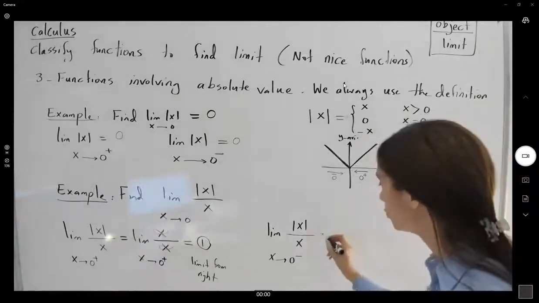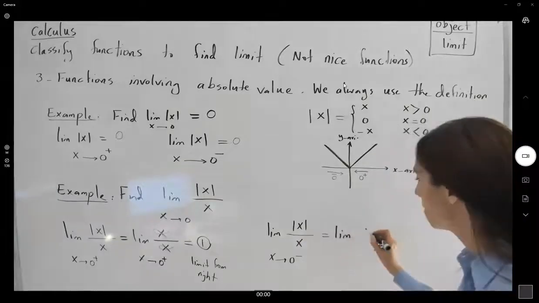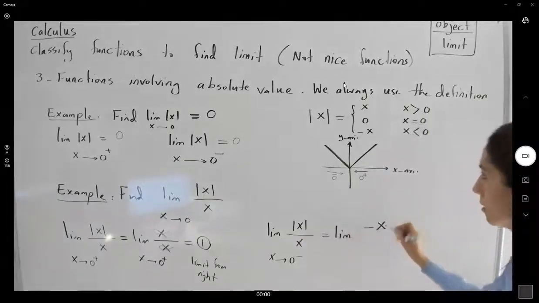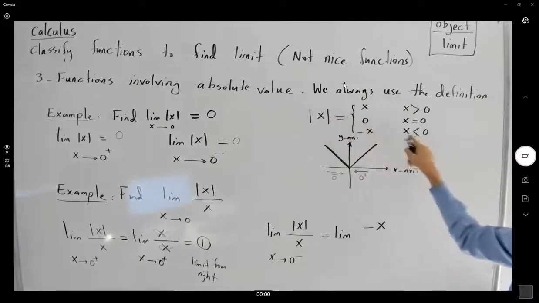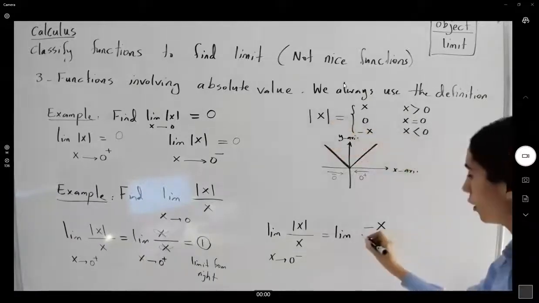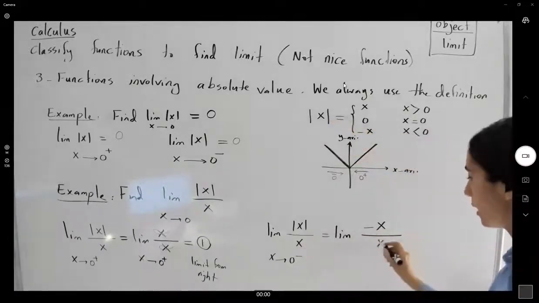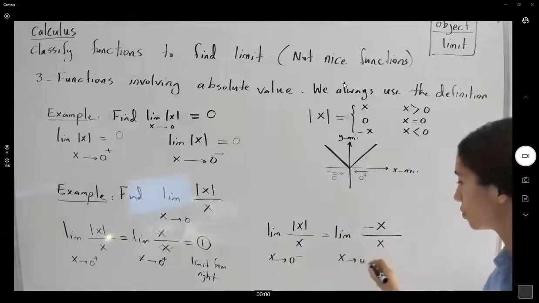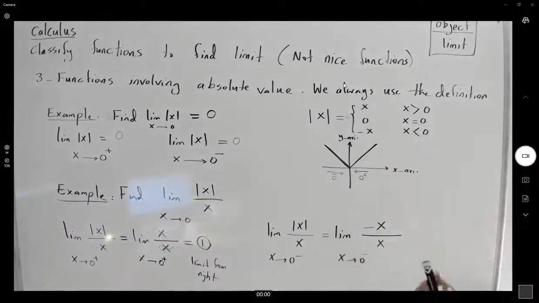So on the numerator, you get minus x, the definition of absolute value, divided by whatever is on the denominator, x, as x approaches to zero from the left. Well, I can cancel out x and x. What's left? The negative sign. What's the meaning of that? It means that I ended up with -1. So this is limit from left.